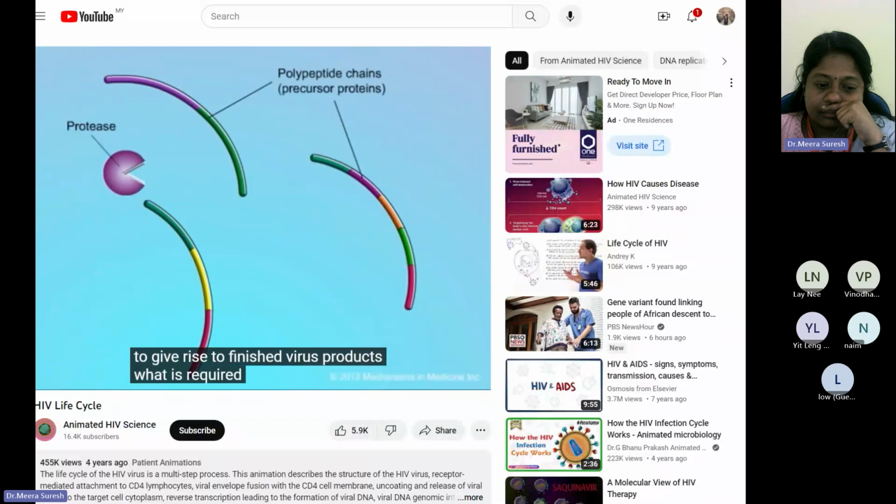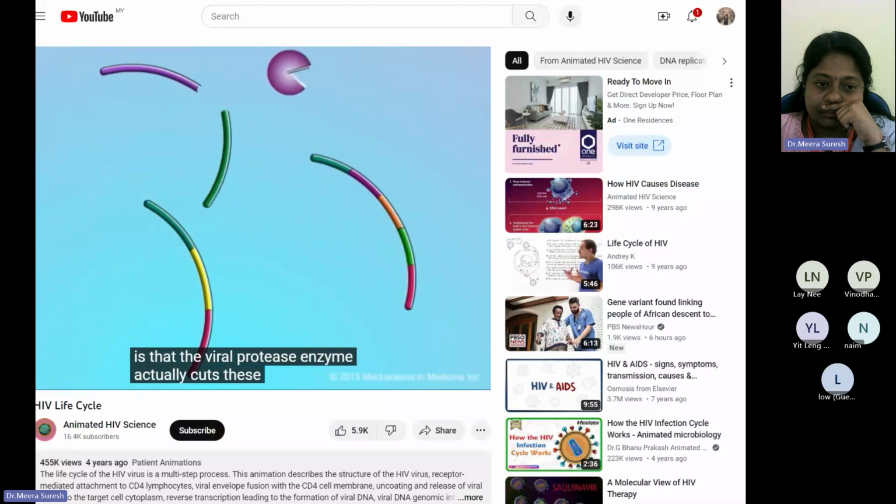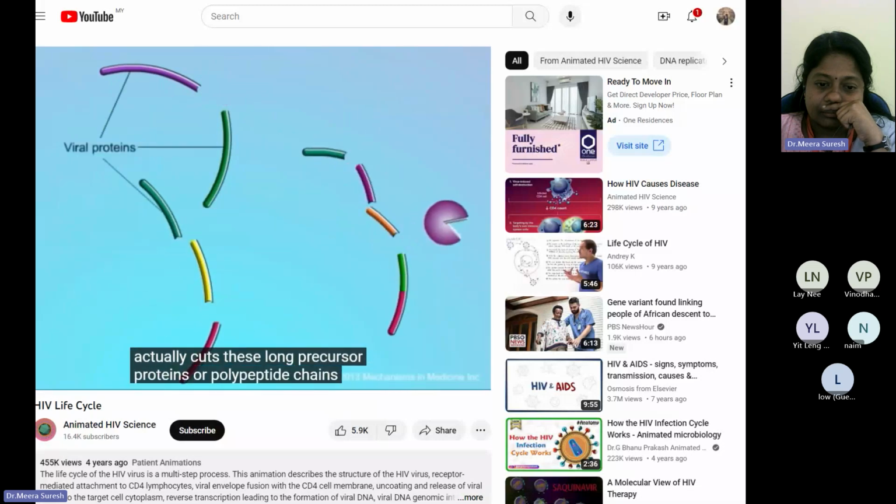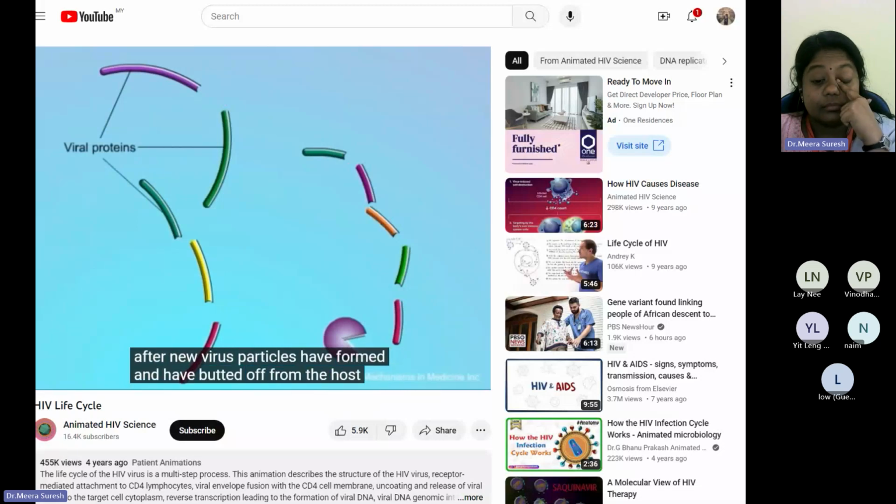What is required, rather, in order to get a virus that will be infectious, in order to reinitiate a new cycle of infection, is that the viral protease enzyme actually cuts these long precursor proteins or polypeptide chains into smaller individual subunits. And this process, in fact, continues even after new virus particles have formed and have budded off from the host cell.